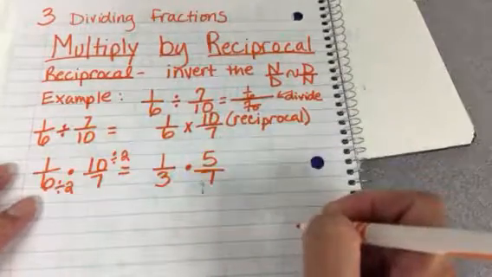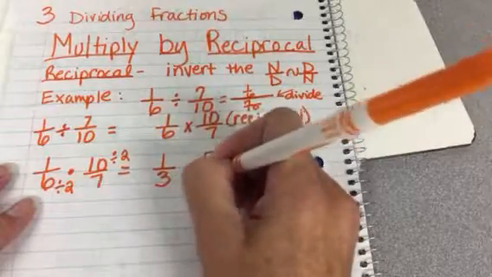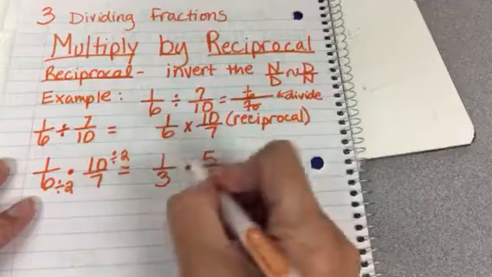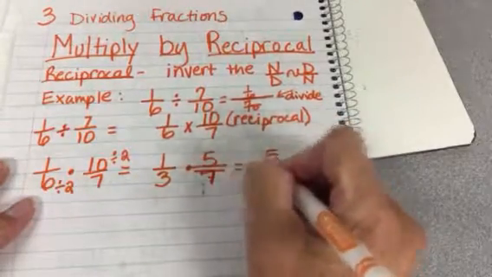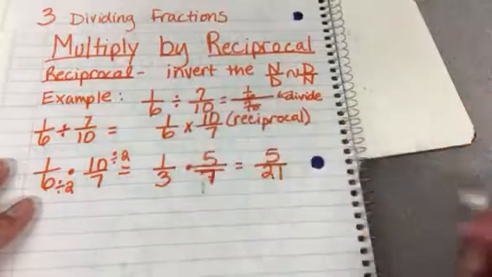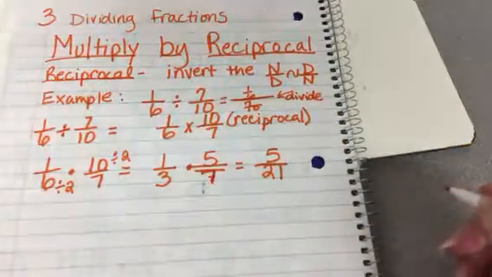My 7 will stay the same. Now I go back to my rules about multiply, and I multiply straight across. 1 times 5 is 5, and 7 times 3 is 21. That is your answer, 5/21.